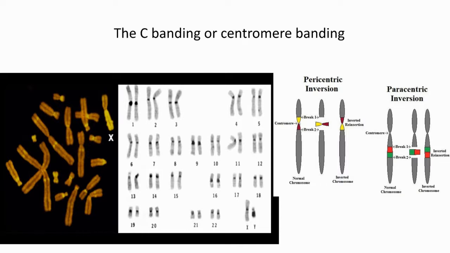And then the paracentric inversion, that's the inversion of the sequence that does not involve the centromere. Okay, that's C banding.